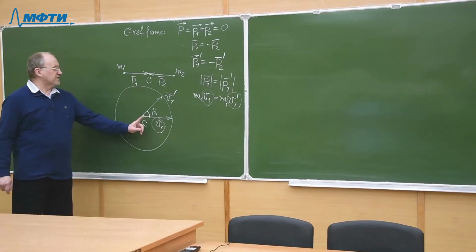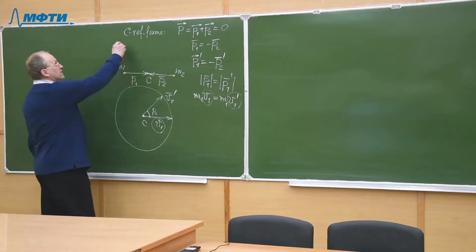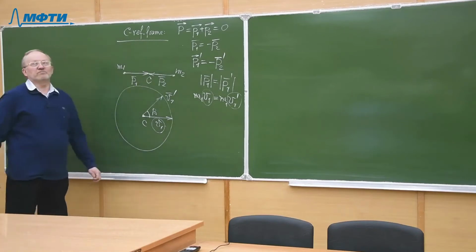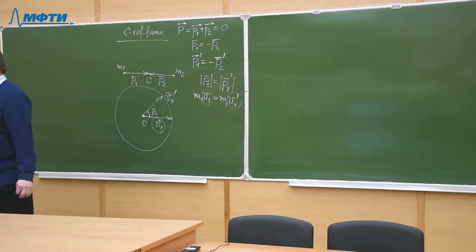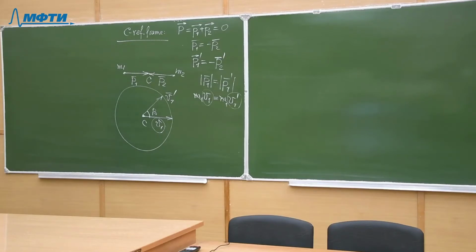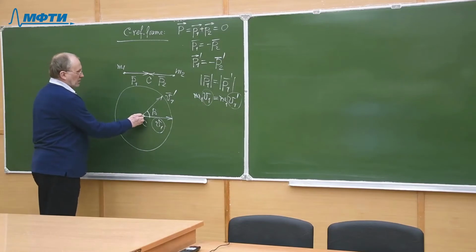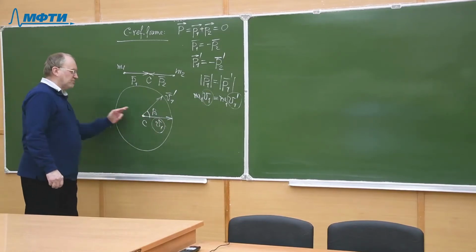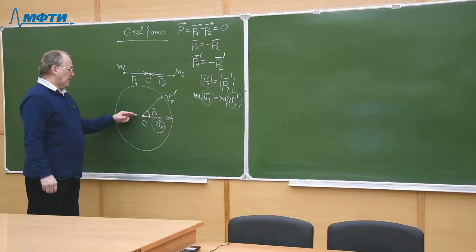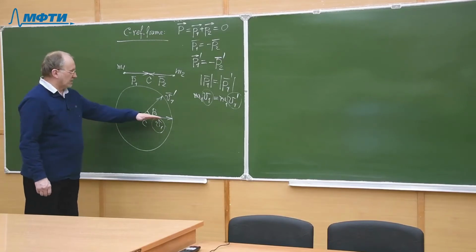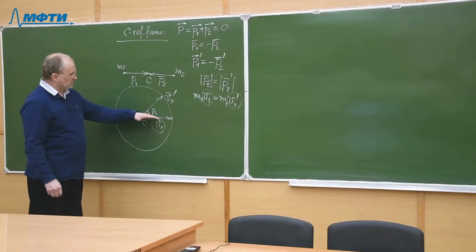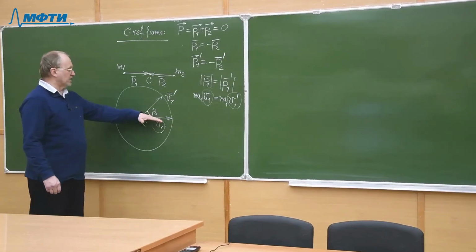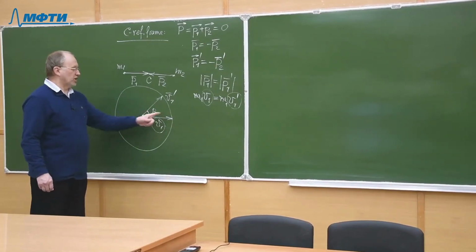I repeat that all this is true in the center of mass reference frame. In any other reference frame, the situation will be different. In the center of mass reference frame, the velocity vector of the first bombarding particle after the collision will just turn at some angle beta and will not change its length.